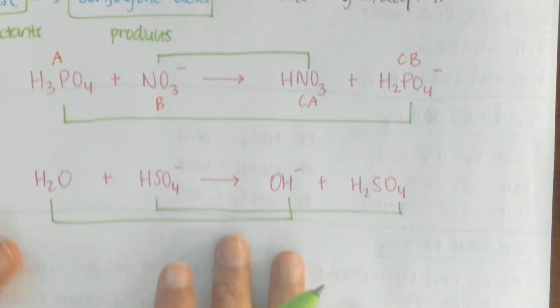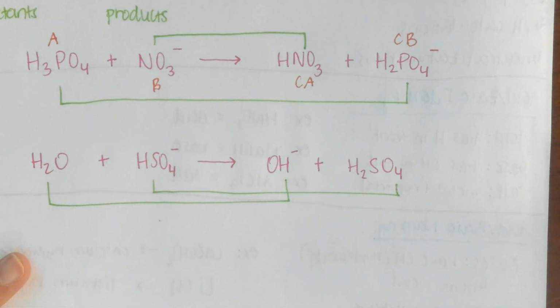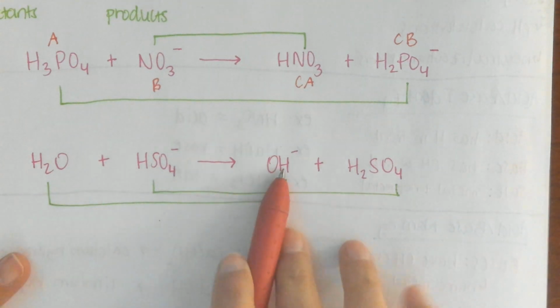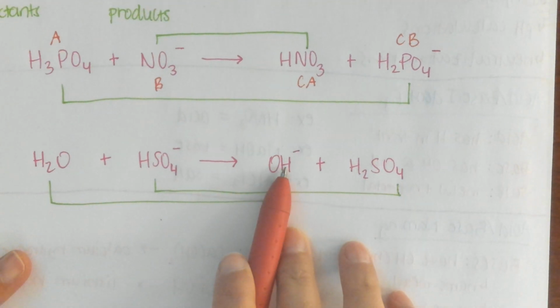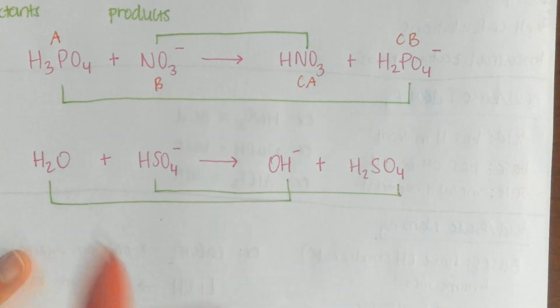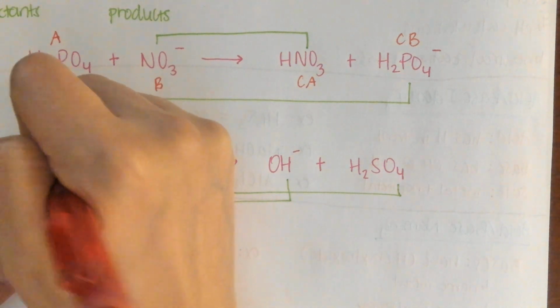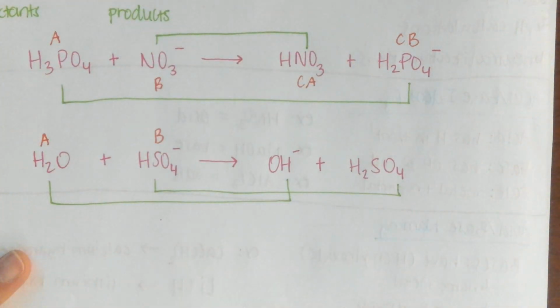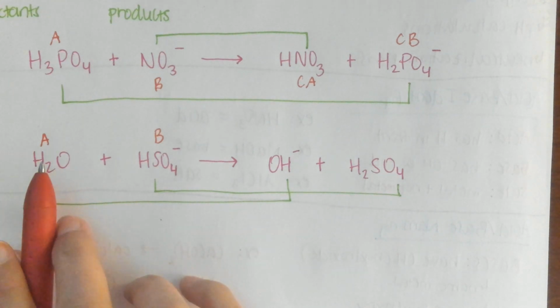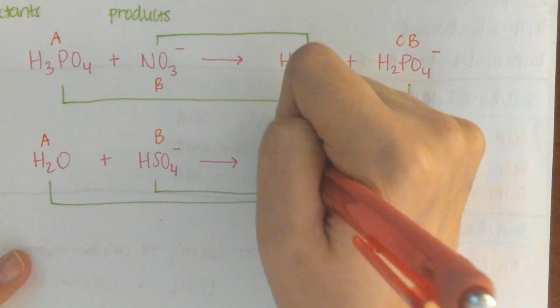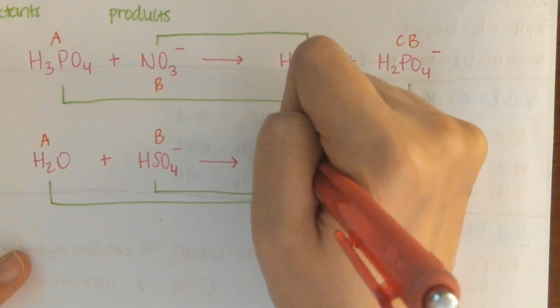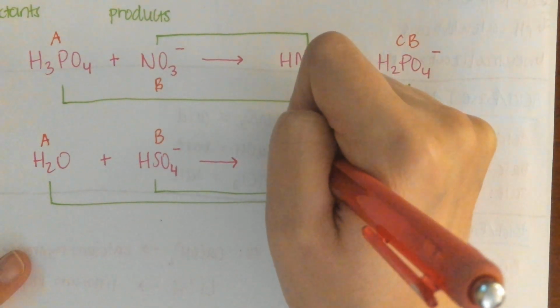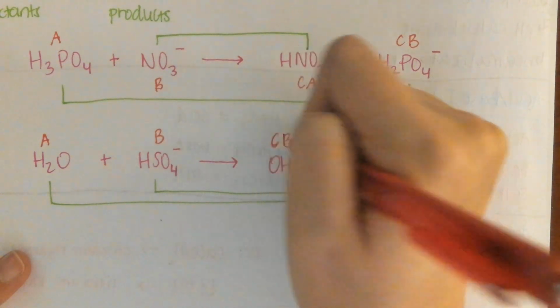Okay, so this is the matchy-matchy that I have here. From H2O to OH, did it lose or did it gain? It lost. So H2O will be my acid, which automatically makes my HSO4 my base. Since H2O lost, it's the acid, and OH became my conjugate base.